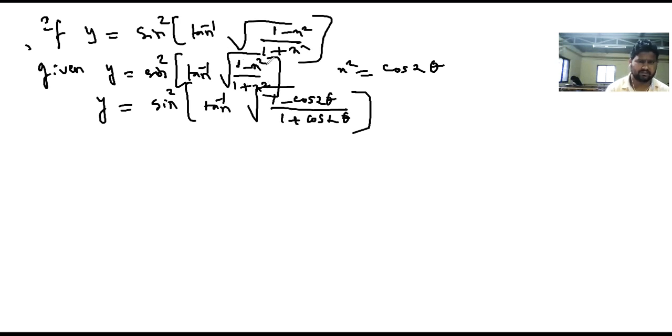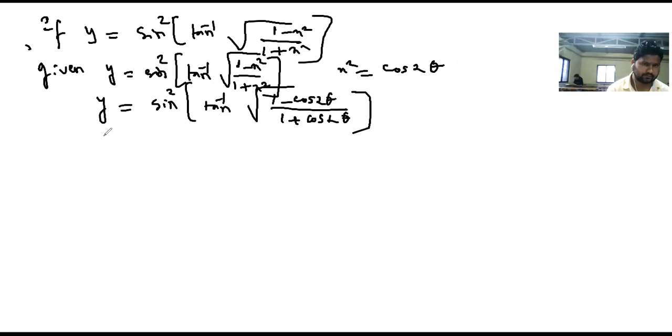If only 1 minus x square, we can use sin or cos theta. But it contains both 1 minus x square and 1 plus x square, so definitely the substitution is x square equal to cos 2 theta. There is no other valid function. Better choice is x square equal to cos 2 theta.